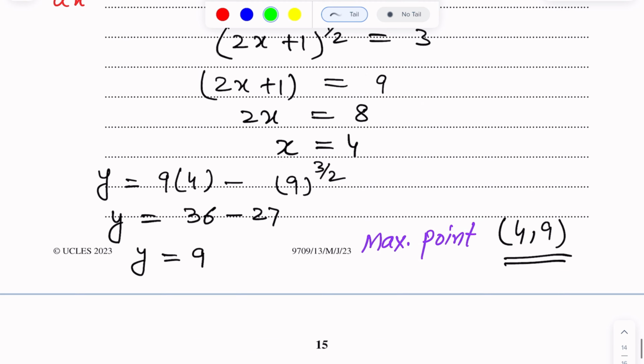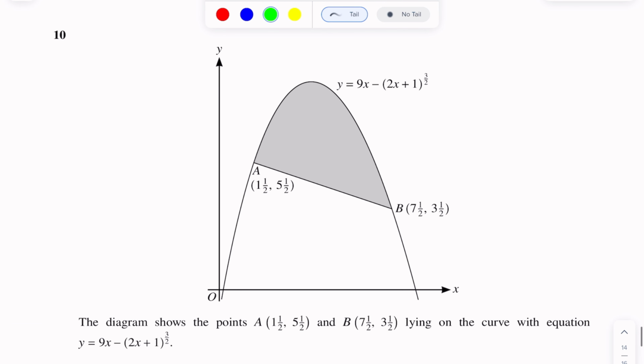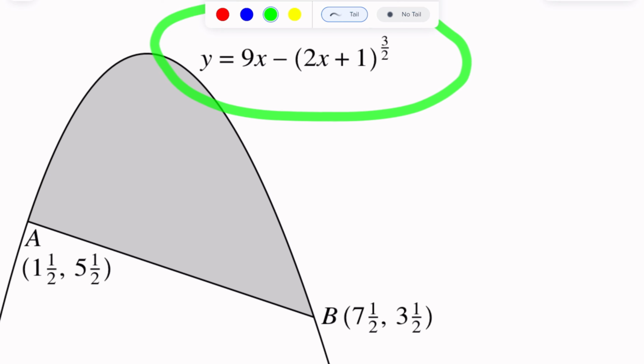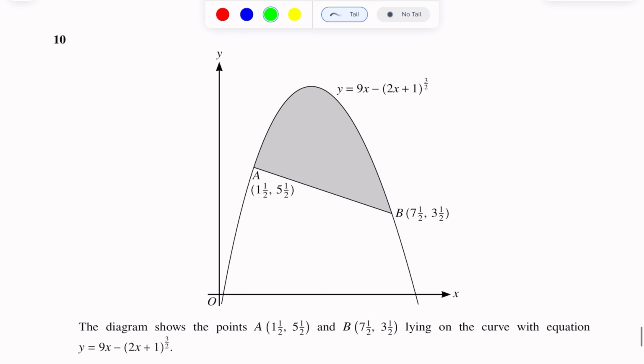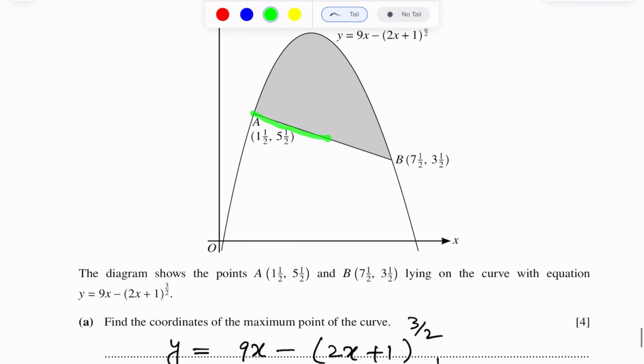So we need here the equation of the line and the curve. Equation of the curve is already given, but we need the equation of this line AB. To find the equation of line AB, we need gradient. We have already found that, minus 1 over 3.